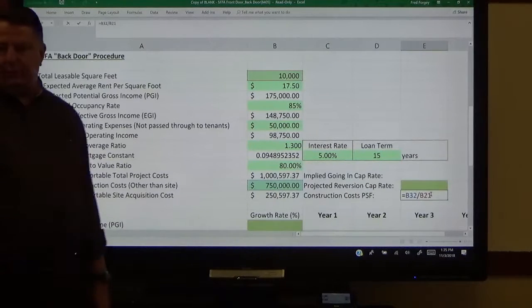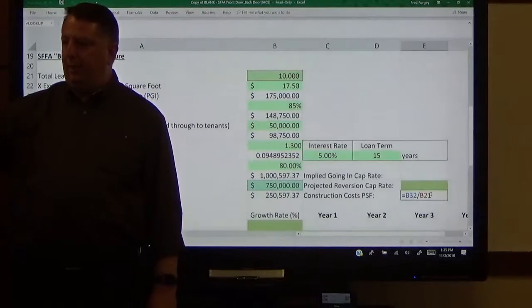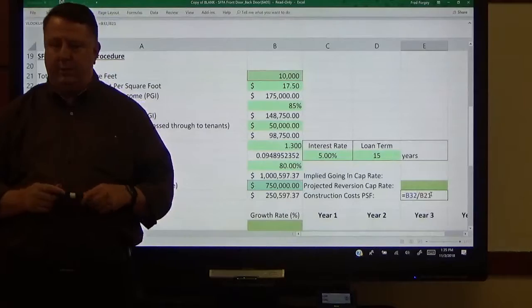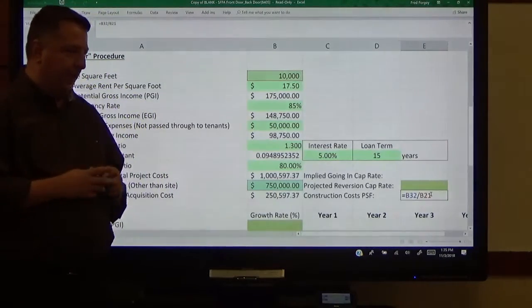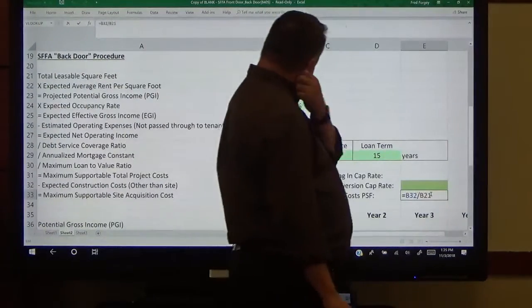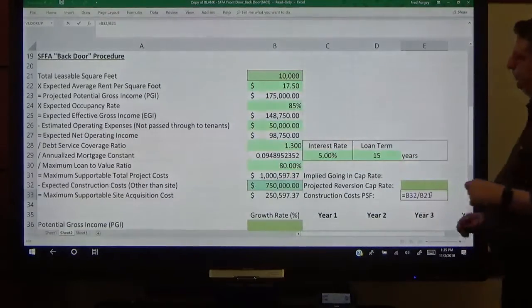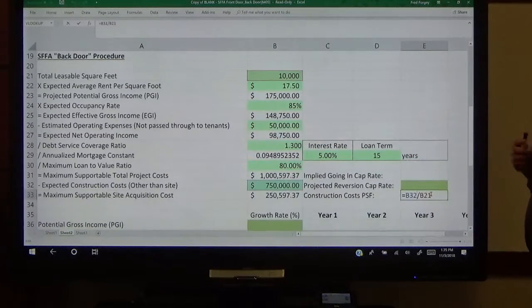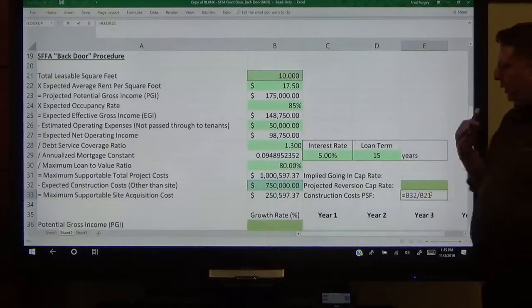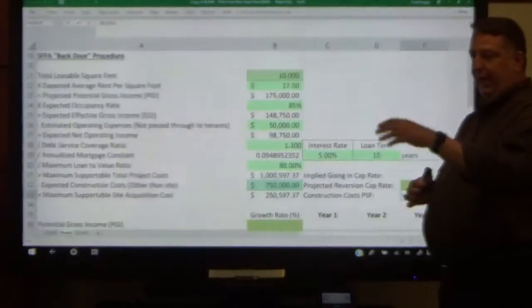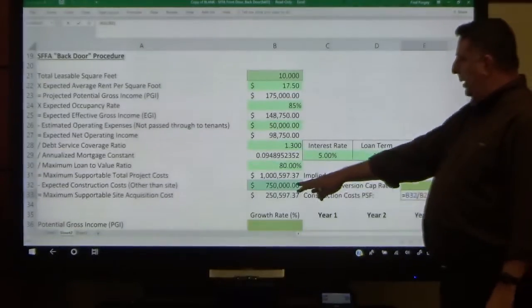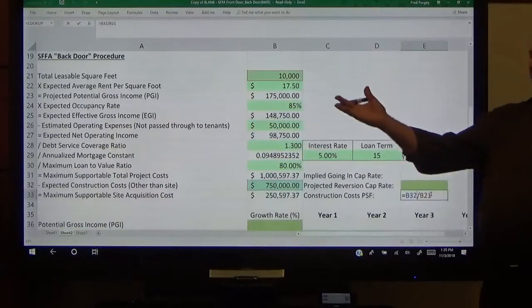Now, to pick on Aaron for a minute, coming from the architecture and planning point of view, this is where you should say, all right, I've got a couple of different design options.